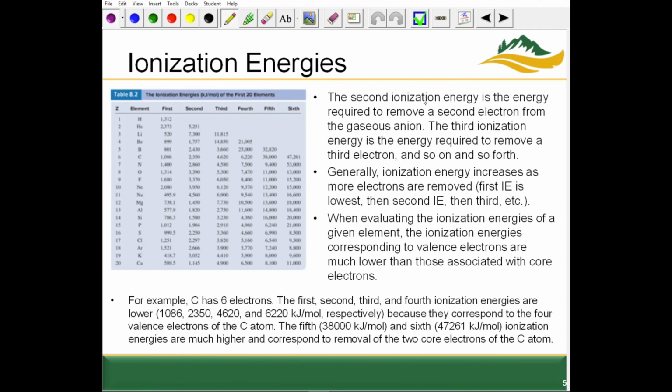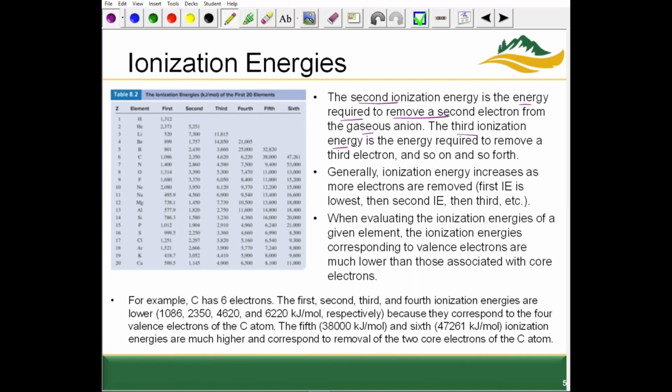So here the second ionization energy is the energy required to remove a second electron from the gaseous ion. If 1 electron is already removed, then it's going to be in a +1 state. So the second ionization energy is the energy required to remove a second electron from an ion.